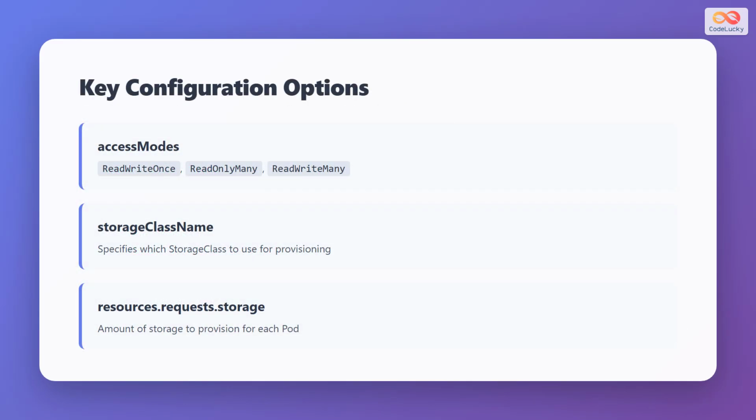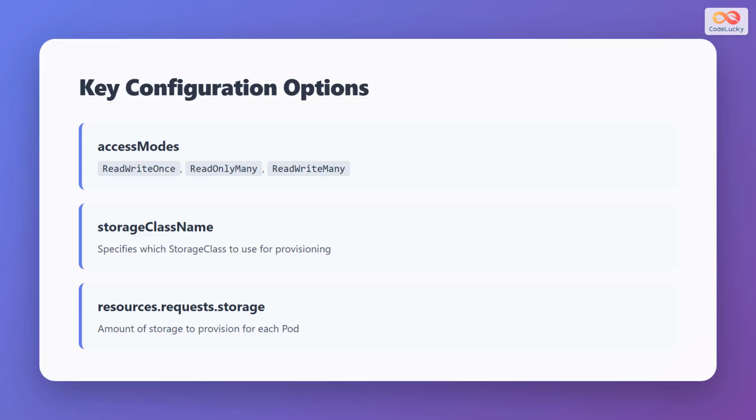Let's explore the key configuration options available in volume claim templates. First, access modes determine how the volume can be accessed. Read-write once allows one node to mount the volume for reading and writing. Read-only many allows multiple nodes to mount the volume in read-only mode. Read-write many allows multiple nodes to mount the volume for both reading and writing.